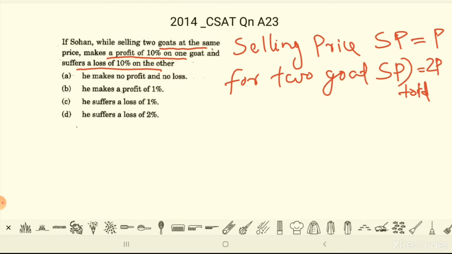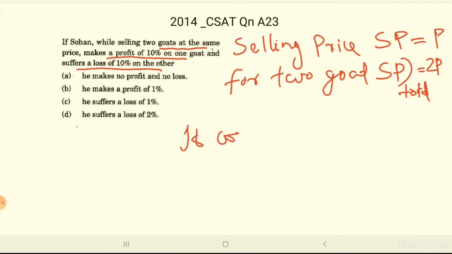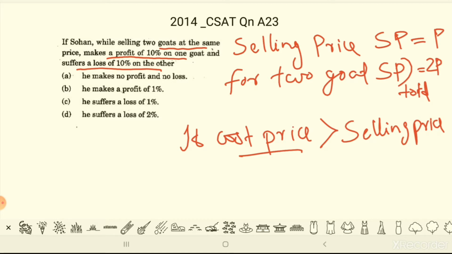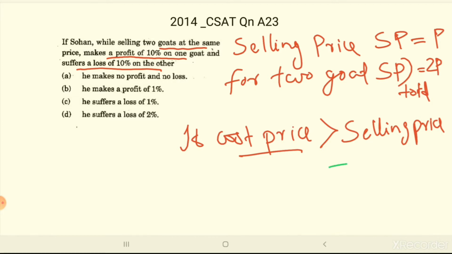We know if the cost price is greater than the selling price, that means the price at which he bought the goats is greater than the price at which he sold the goat, then he suffers a loss.